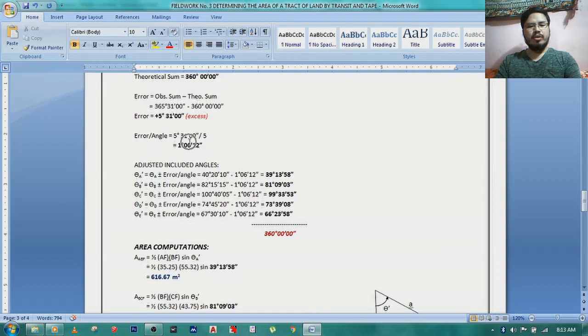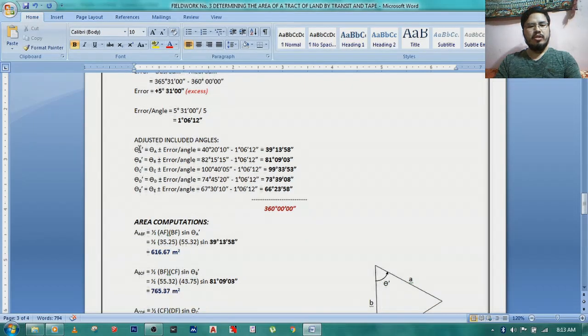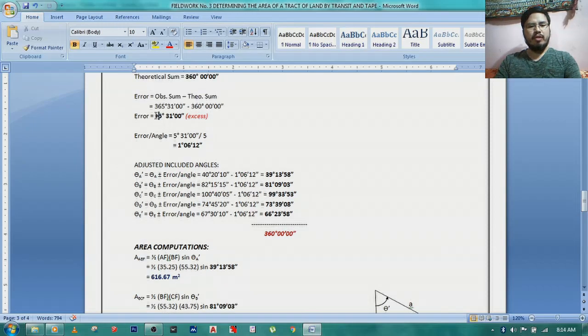After computing the error per angle, we can now compute the adjusted included angle. Theta A prime is equal to theta A, the observed value, plus or minus the error per angle. Why plus or minus? Because if our total error is in excess, we have to subtract the error.